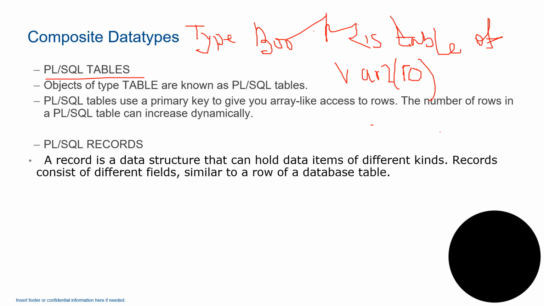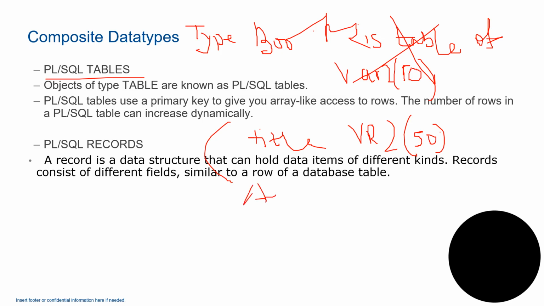We are not defining it as a table of varchar2. We are defining particular values, like the title of the book, which can be varchar2 up to 50. Then we can define author, which is again varchar2 of 50.